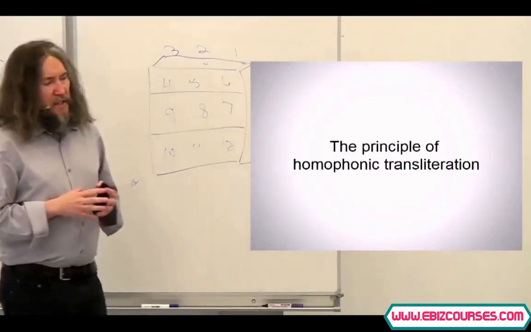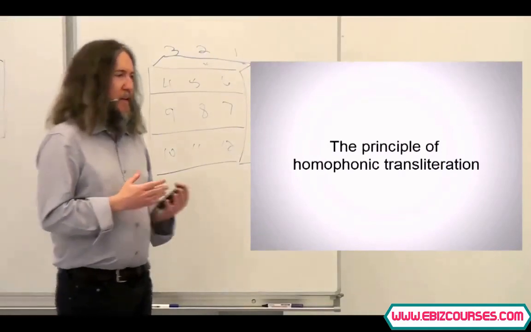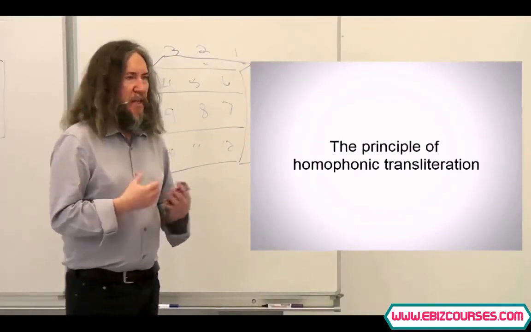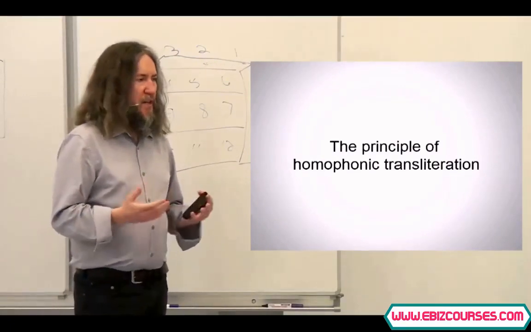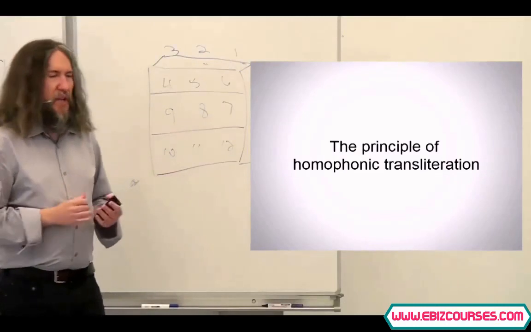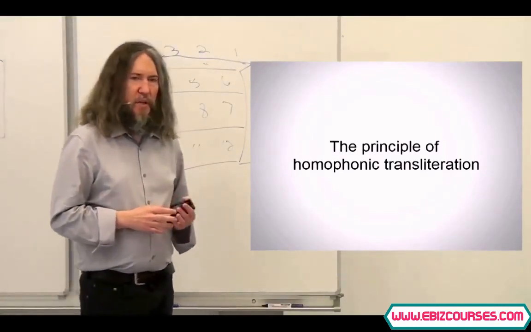Now, let's say that you're not using a language that's based on the Latin alphabet, and it's a Cyrillic alphabet, or it's an Asian character system, or anything like that. How do you start to make this word division and bridging character stuff work for you? Well, there's something called the principle of homophonic transliteration.